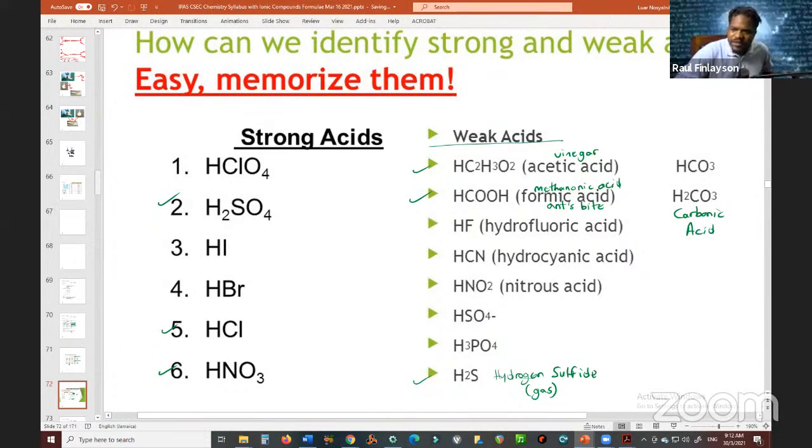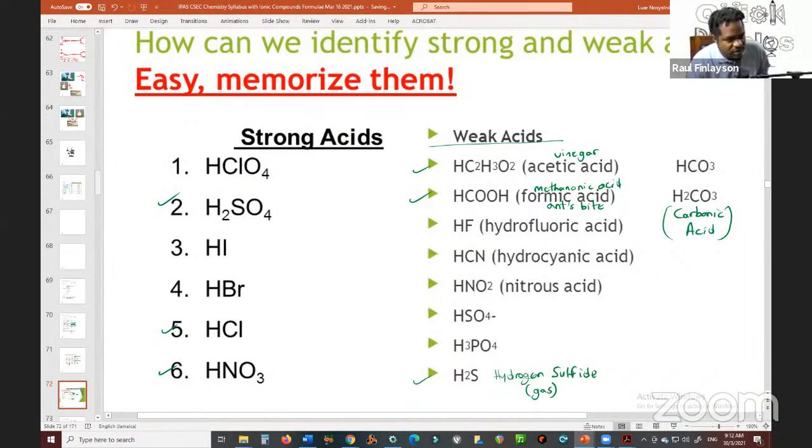So we're going to realize that some of these acids have different names. Vinegar is also another name for acetic acid. Methanoic acid is also known as formic acid. And then we have H2S, which is hydrogen sulfide.